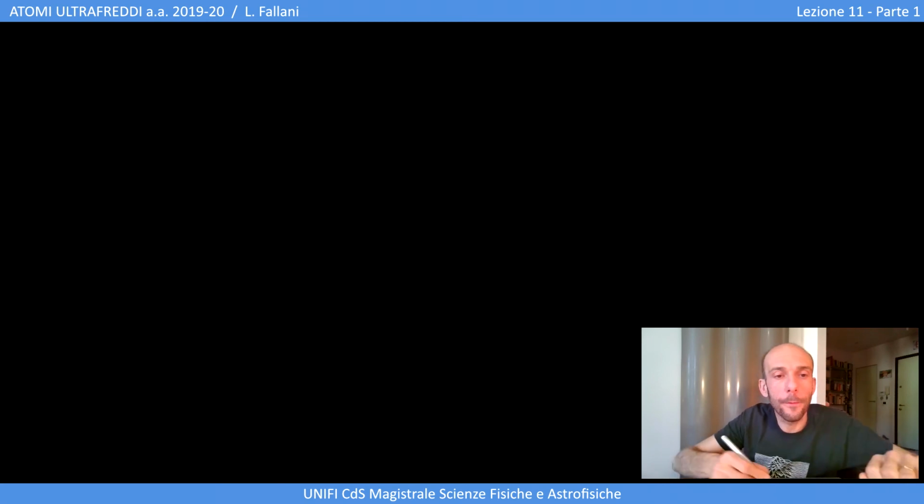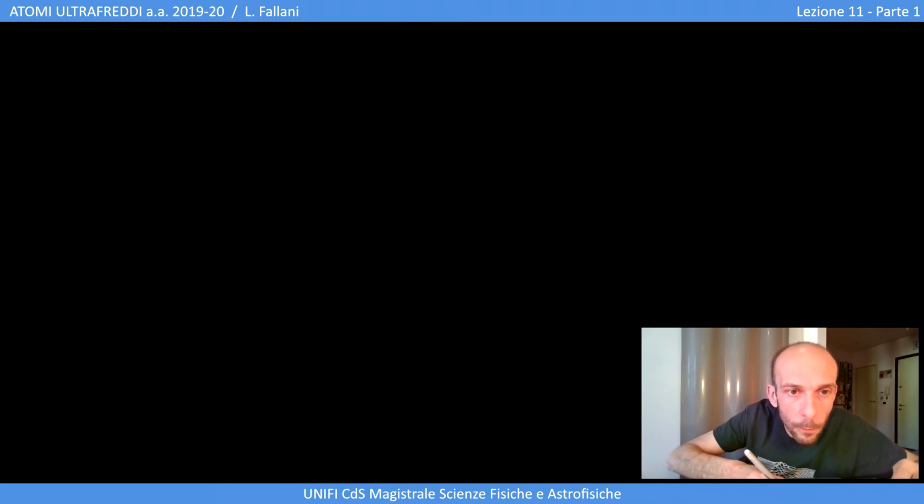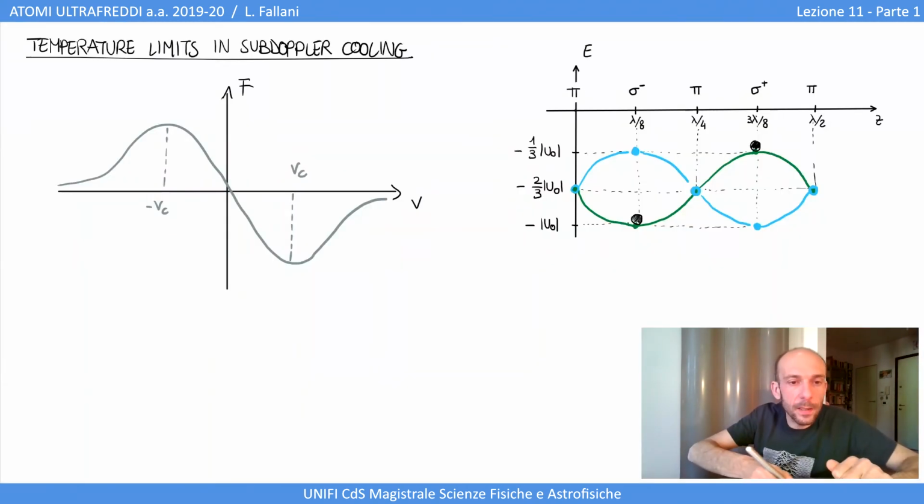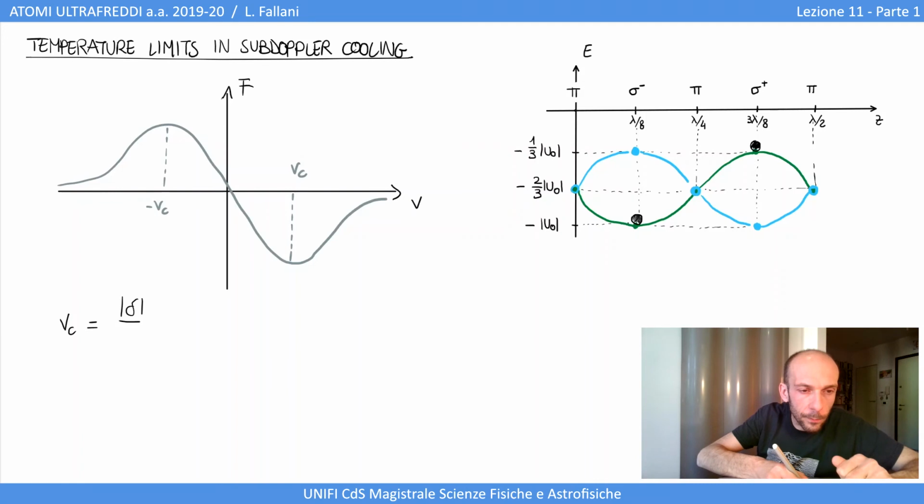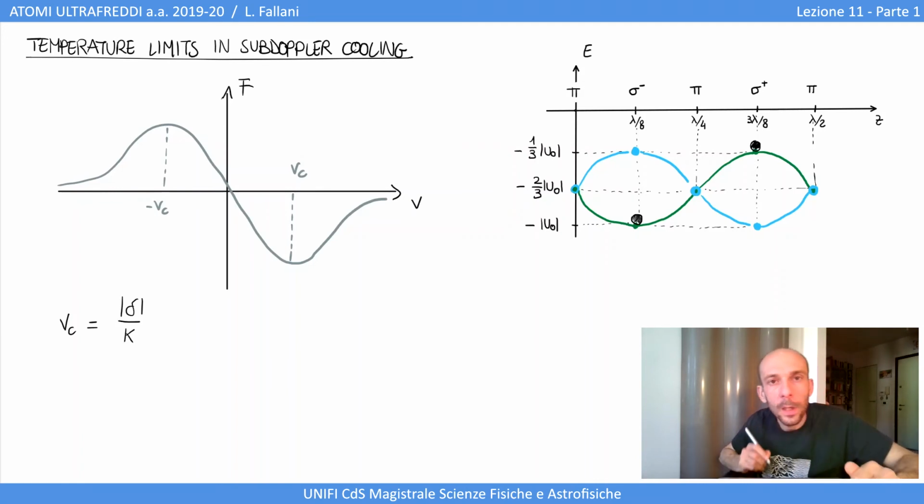The maximum of this force was at a velocity that we called the capture velocity, Vc, and this is minus Vc. We have seen that this capture velocity in the Doppler theory can be written as the absolute value of the detuning divided by the laser wave vector k.